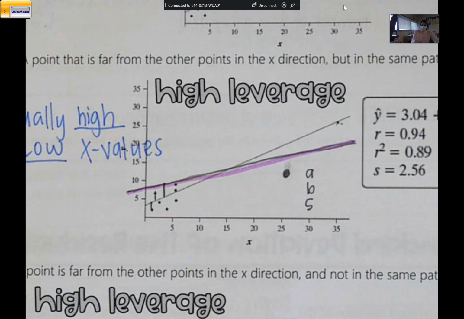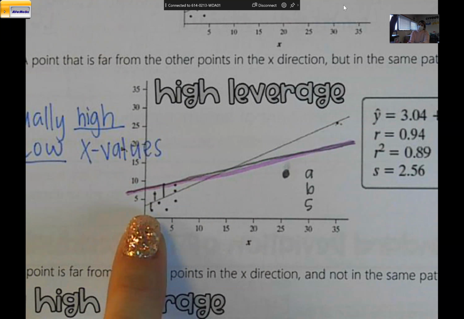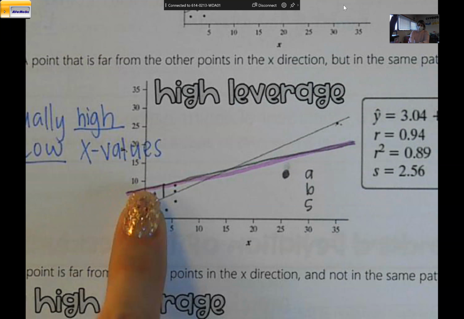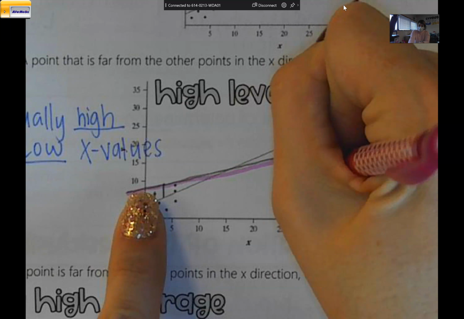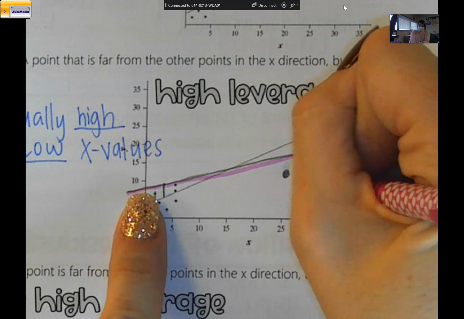So, in terms of y-intercept, it increased. Notice that because your line flattened, your y-intercept increased. So I'm just going to put an arrow pointing up. Your slope will decrease.